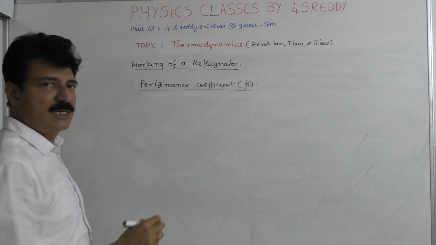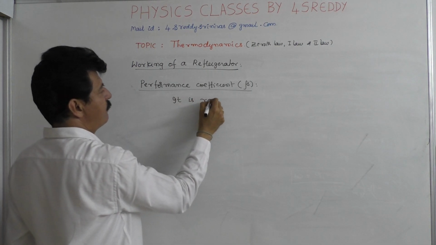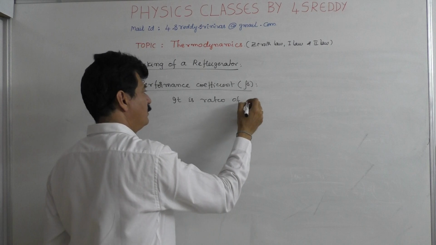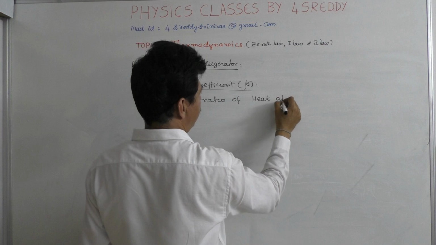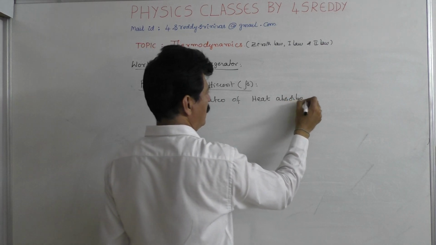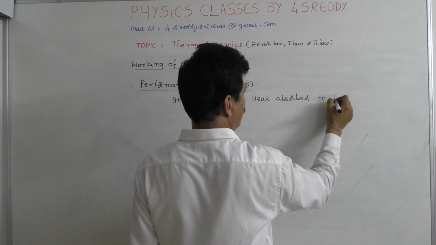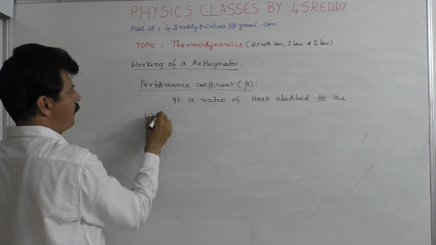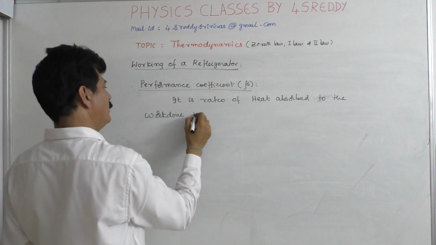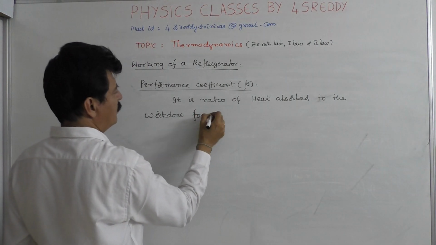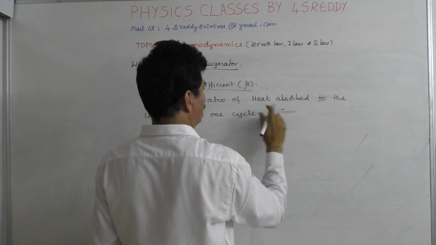The performance coefficient beta is the ratio of heat absorbed to the work done for one cycle.